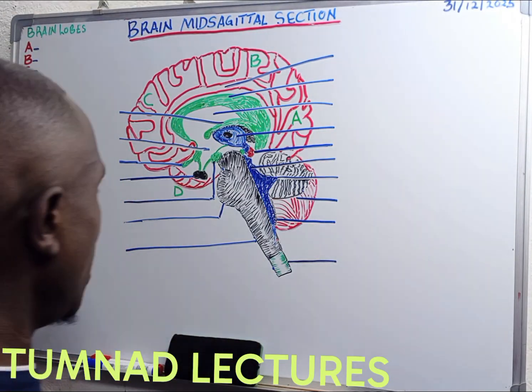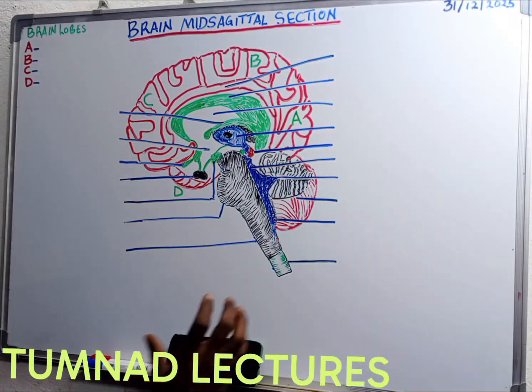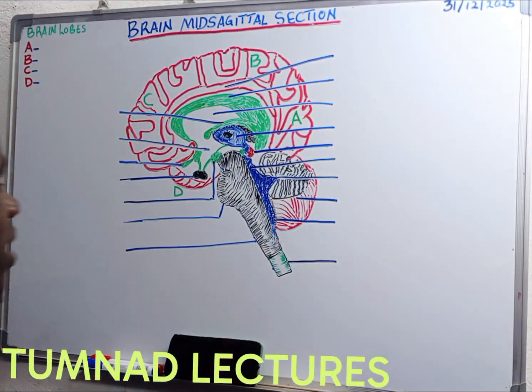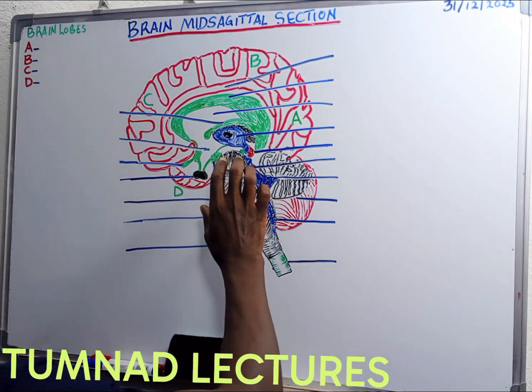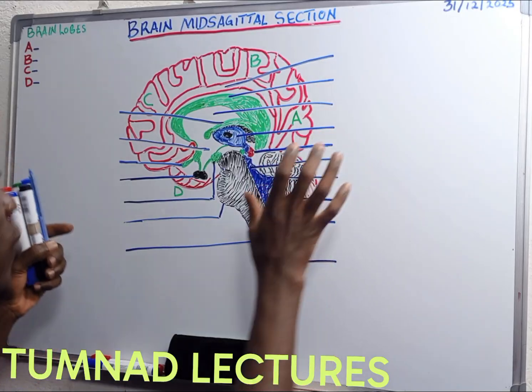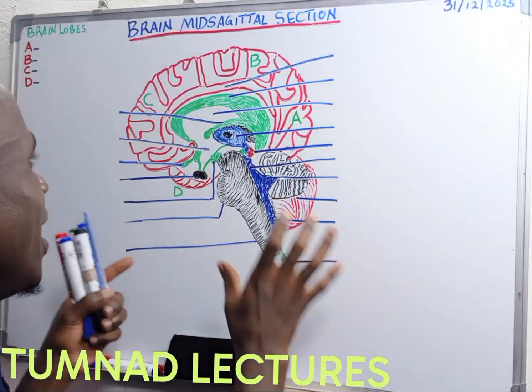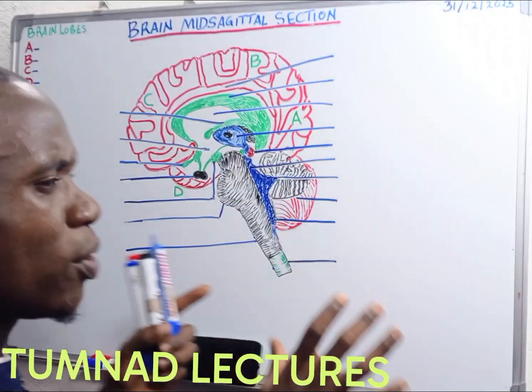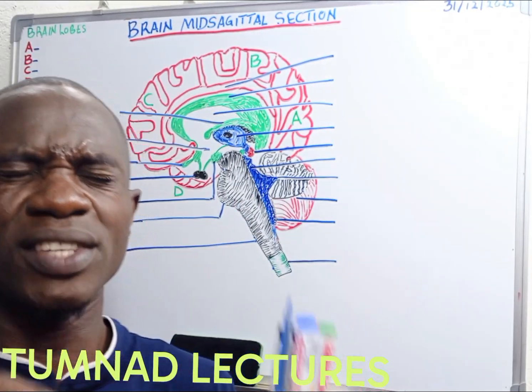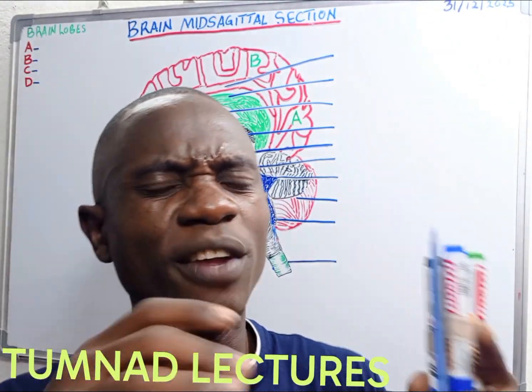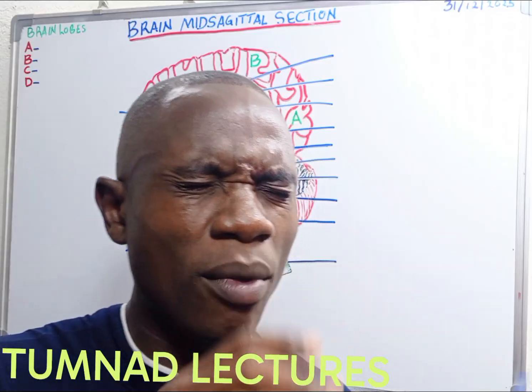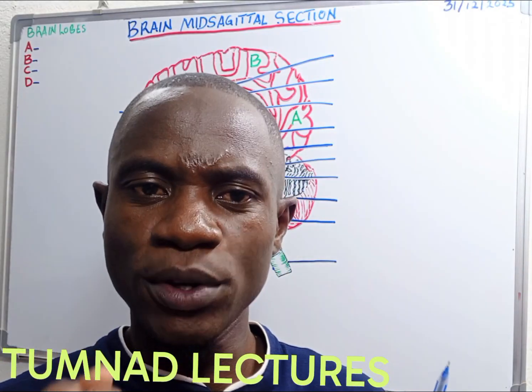Starting from this side, but before that, we need to first understand these lobes, because we said that the cerebral cortex is divided into different lobes, mainly 4 types of lobes.